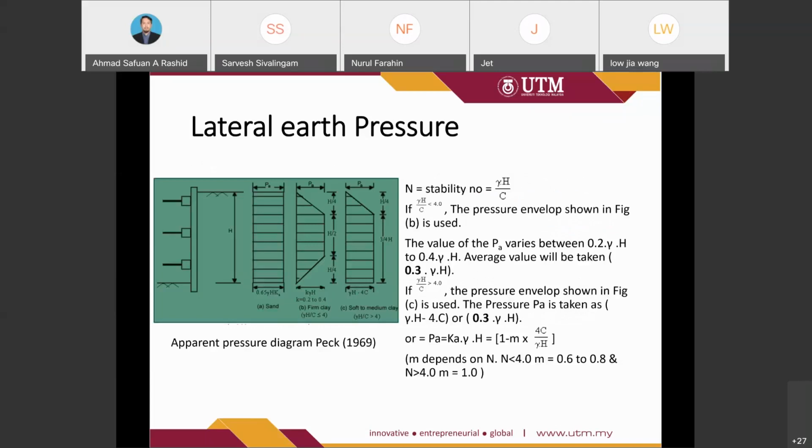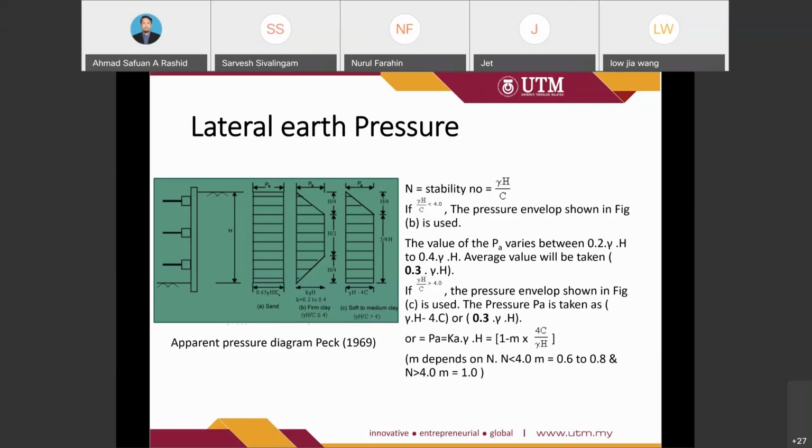Okay. While for the clay, we have two types of distribution diagram. So for example, if the clay is firm, we may use the distribution diagram as shown in B. If the clay is soft to medium clay, we may use the distribution diagram as shown in C. Okay.